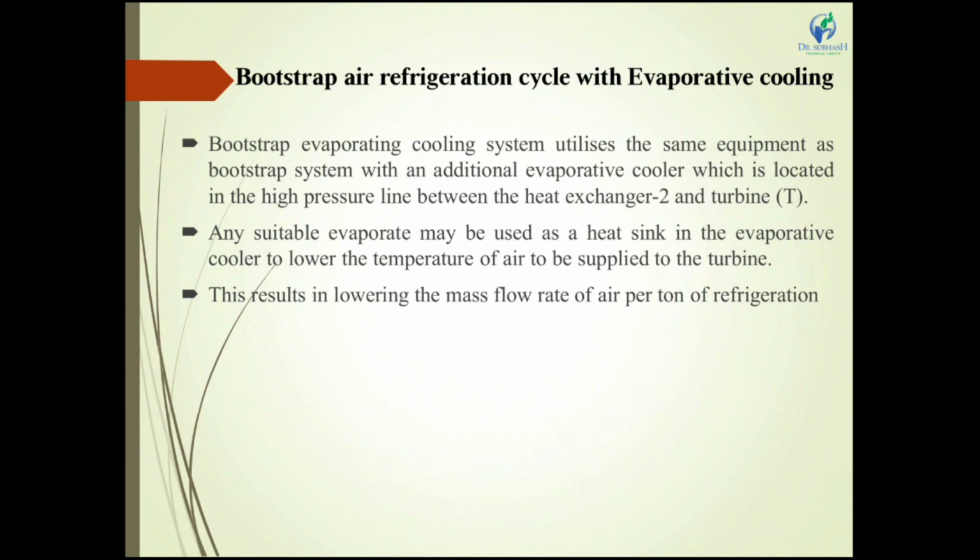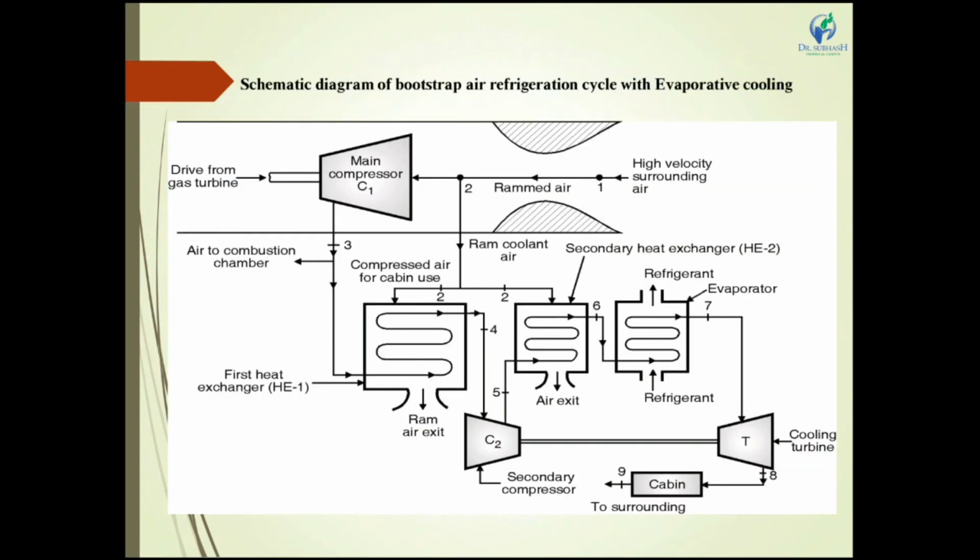The meaning is that we give additional cooling by using an evaporator. Here is the diagram of the bootstrap air refrigeration cycle with evaporative cooling. All the processes and the cycle are the same; we use only one additional component, an evaporator between heat exchanger 2 and the turbine. What is the function of the evaporator? The evaporator gives additional cooling of the compressed air.